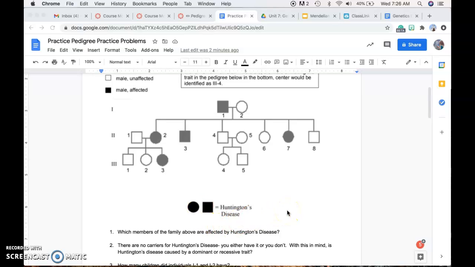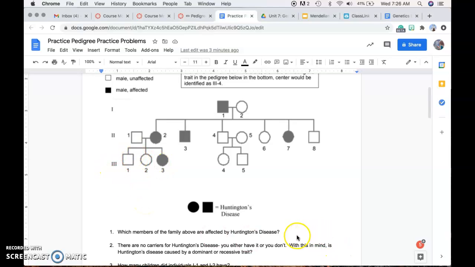The first question is which members of the family above are affected by Huntington's disease? All I would do is look for those individuals that are shaded. So individual 1, 2, 3, 7, and then individual 3 in the third generation.